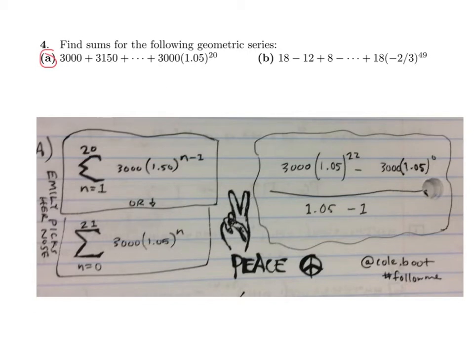So let me do some correction here. Let's see. I like your multiplier here. Joe's right, that should be 1.05. Okay, but that's not a big deal. I'm going to use this bottom equation. I just think it's easier without the n minus 1 here. So if I substitute a 0 in, I do get 3,000, so that's good.